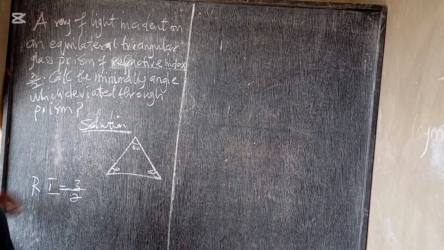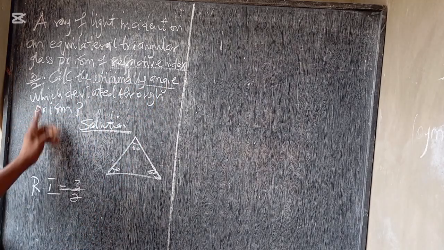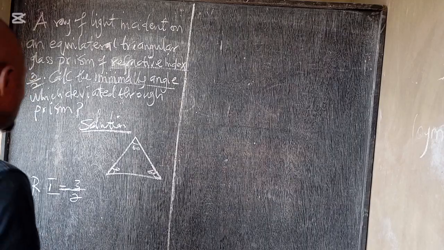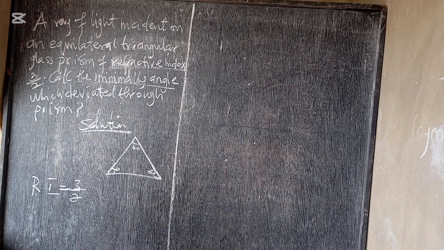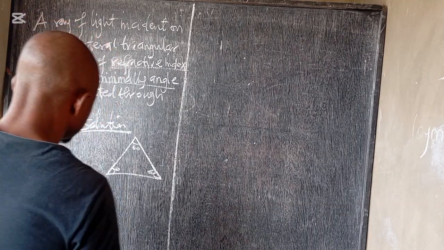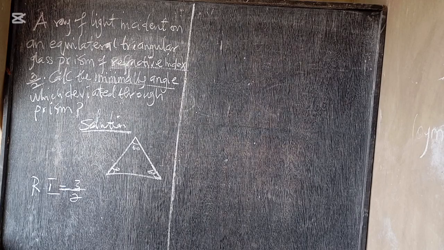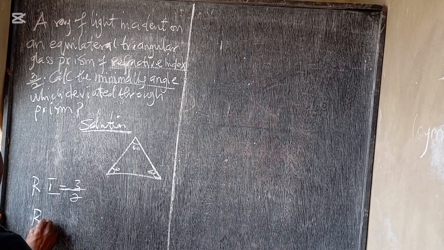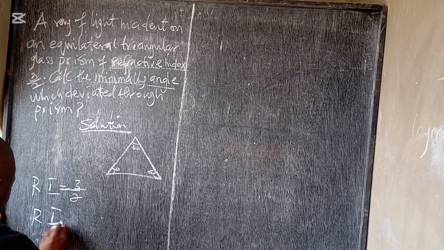Calculate the minimum angle of deviation. Any moment you hear minimum angle of deviation, it simply means we are working with the refractive index of a triangular prism.